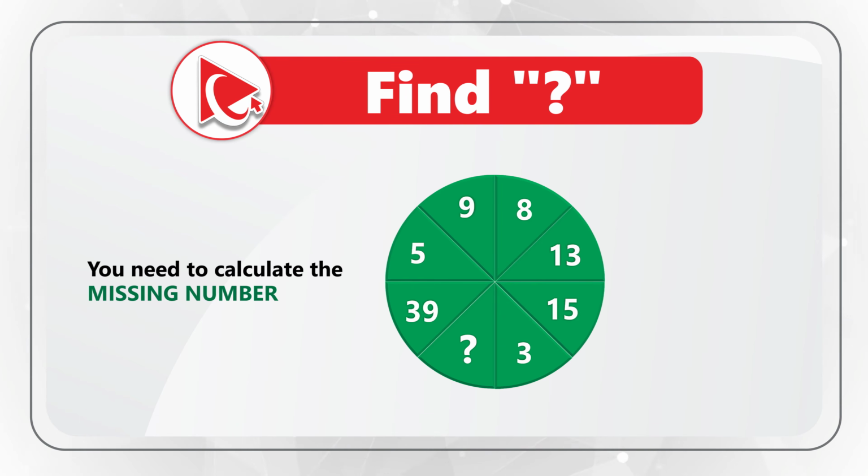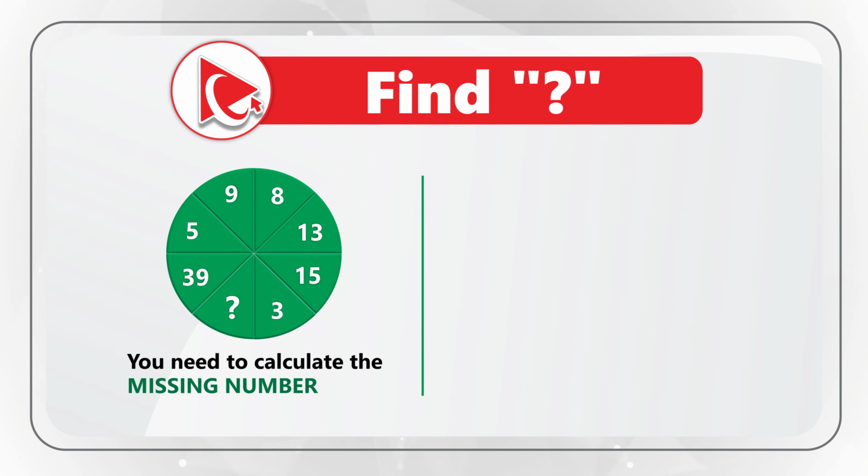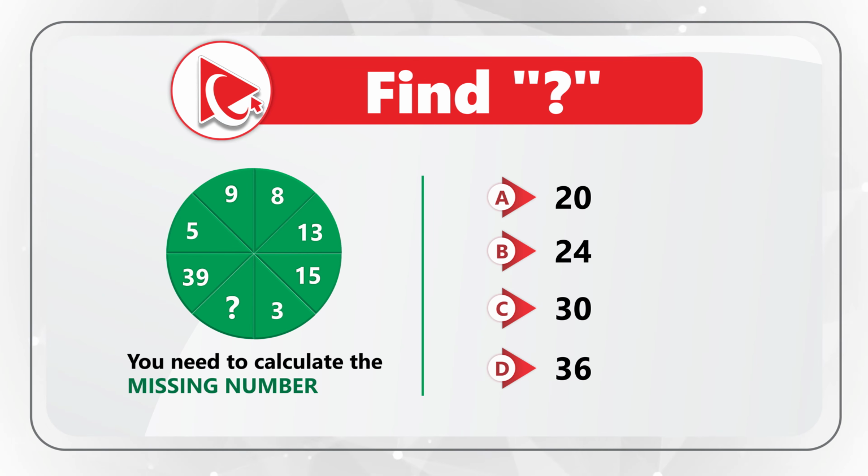If we start with the 8 o'clock, the numbers that are present are 39, 5, 9, 8, 13, 15, 3, and then comes the missing number. You need to calculate the missing number out of 4 possible choices. Choice A, 20. Choice B, 24. Choice C, 30. And choice D, 36.